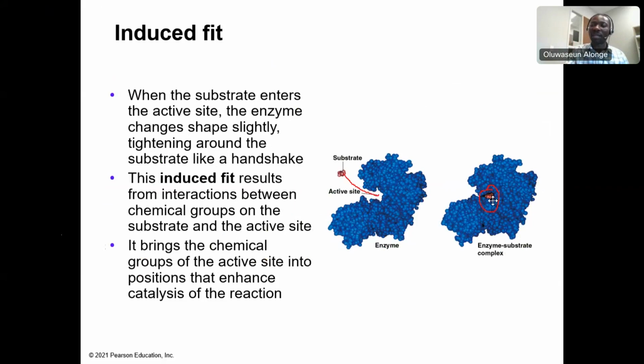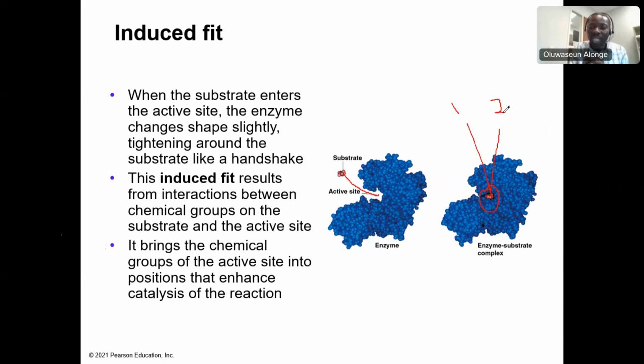If it's a catabolic reaction where we need this substance to be broken down into two, 1 and 2, the force of the enzyme in binding to the substrate, having a strong grip on the substrate, will weaken the bond that joins the substrate together.